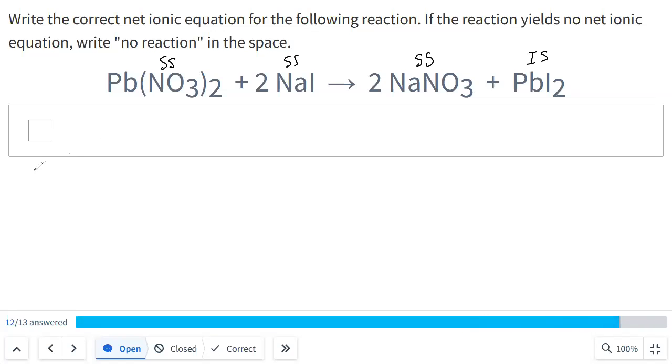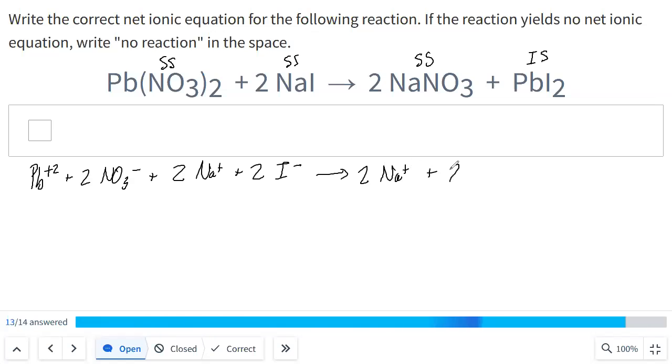Your next step would have been to convert the molecular equation into an ionic equation. So everything that is soluble splits apart, and the insoluble lead 2 iodide stays together.